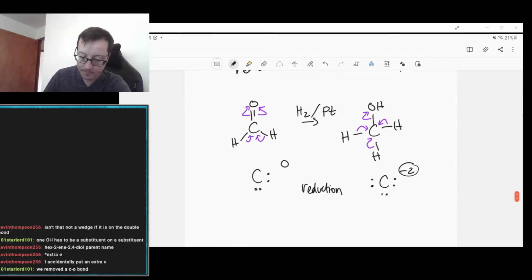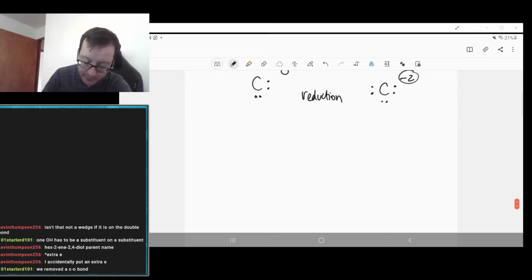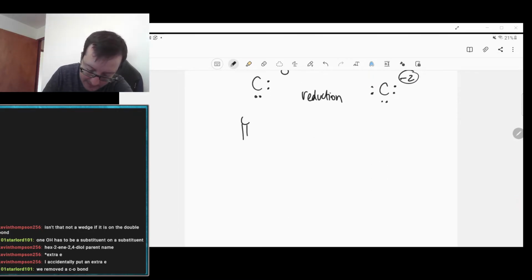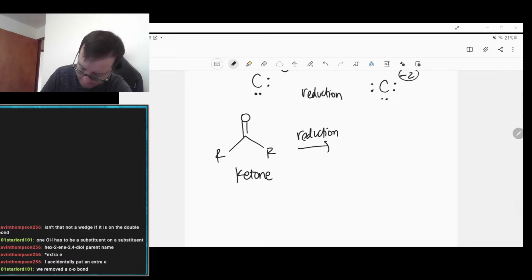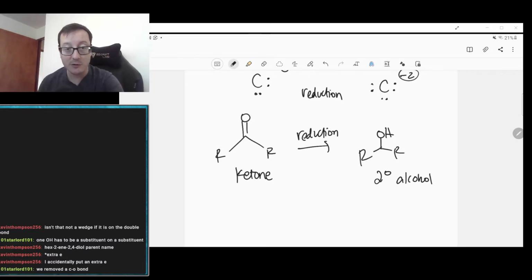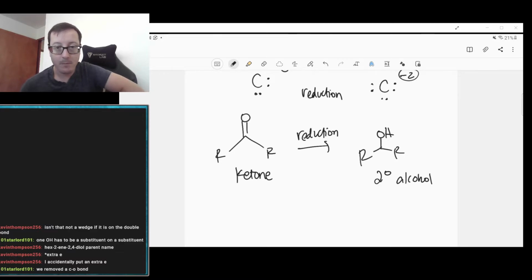Okay, so the point of all this is that we can take a ketone and reduce it to a secondary alcohol. We're going to look at reagents for doing this reduction, because H2 is kind of a crappy one.